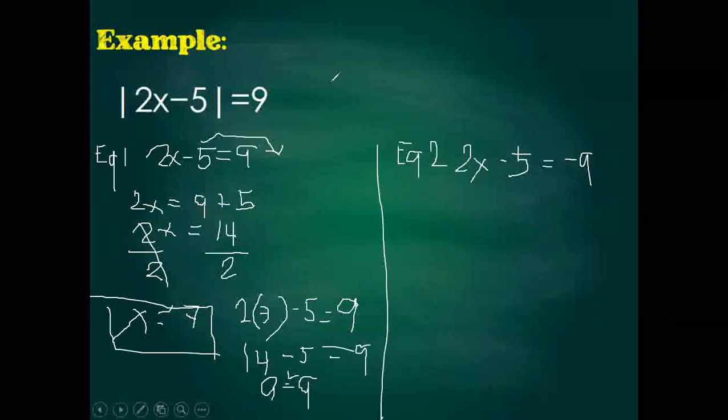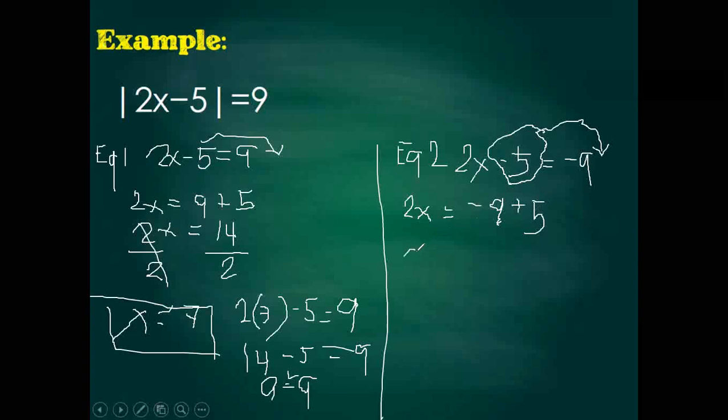Next, 2x minus 5 equals negative 9. Find the value of x. Transpose negative 5 to the other side. So 2x equals negative 9 plus 5.